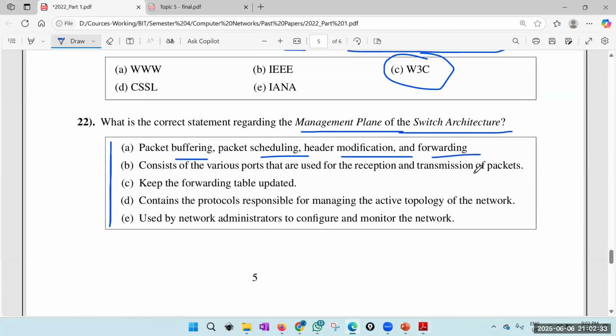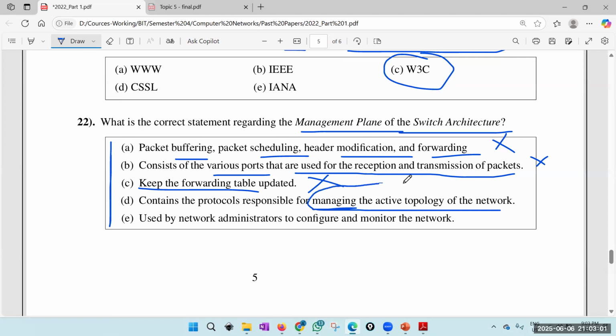Packet buffering, packet scheduling, header modification, and forwarding: that is not a management task. Consists of various ports used for reception and transmission of packets: also not a management task. Keep the forwarding table updated: not a management task. Contains the protocol responsible for managing the active topology of the network: at least the word managing is there, so we'll possibly keep this.